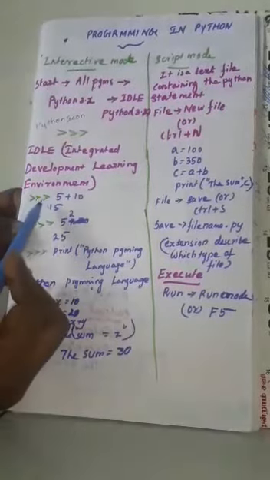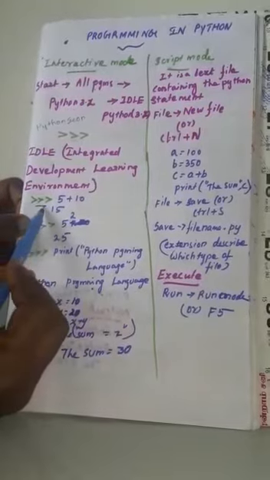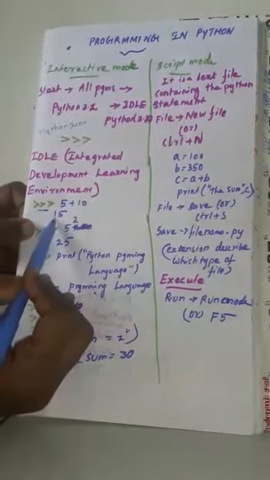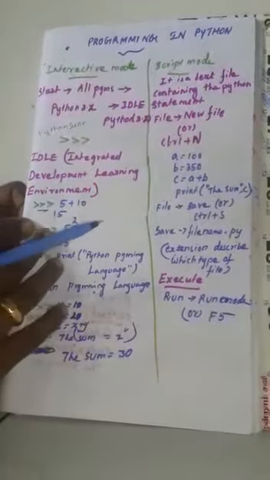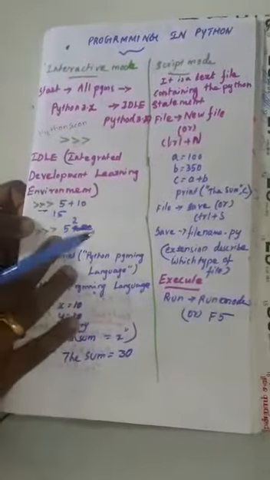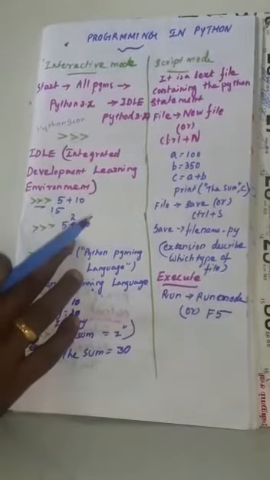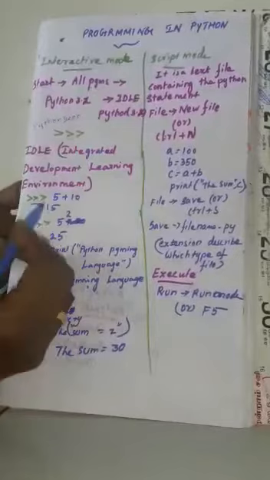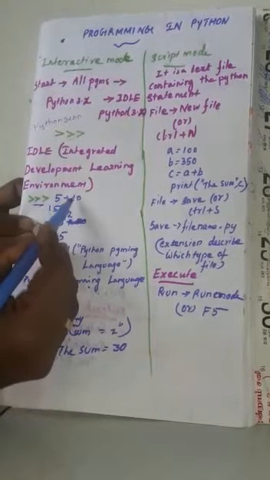Next, one example. This is the Python prompt. You type 5 plus 10 and the result 15 is displayed. In interactive mode, the result is displayed immediately.